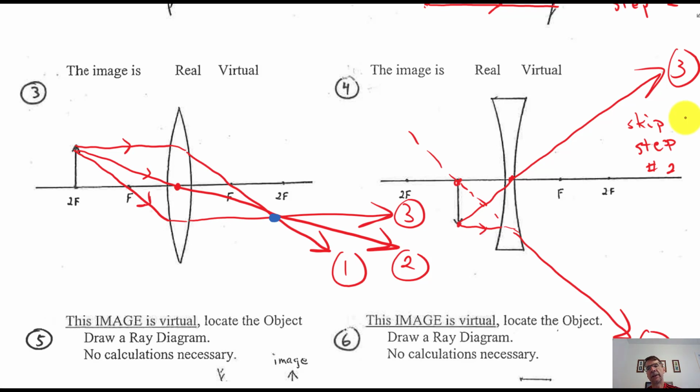But bottom line, where numbers 1 and 3 intersect, whenever these lines, the refracted rays or reflected rays, intersect, these are refracted, for mirrors it's reflected, that's where the tip of your image is. So then draw the image. I want you to draw the image. And then tell me whether it's real or virtual. So draw the image.